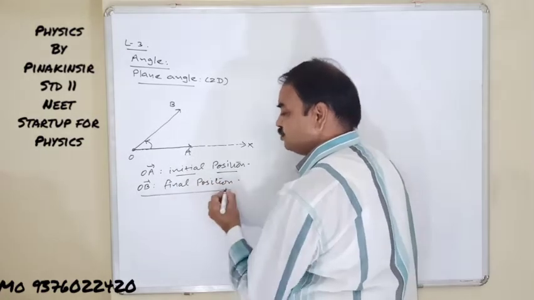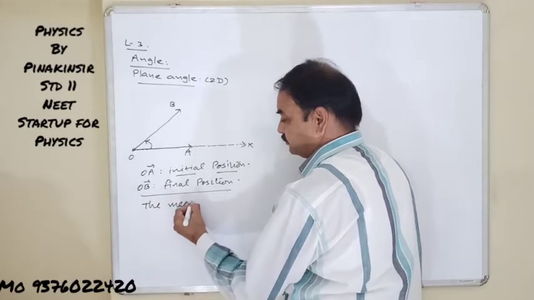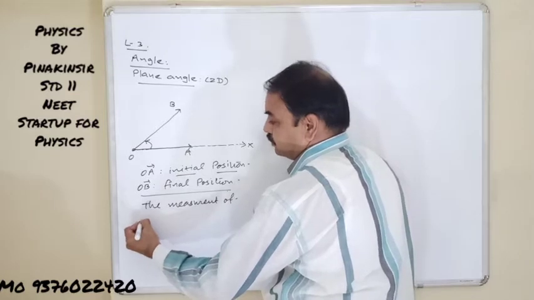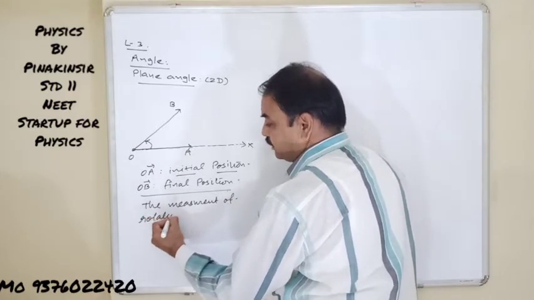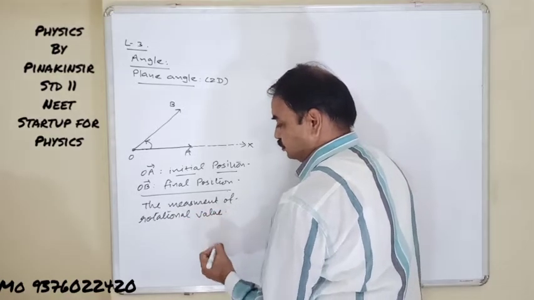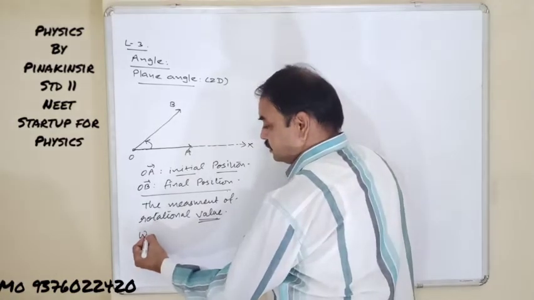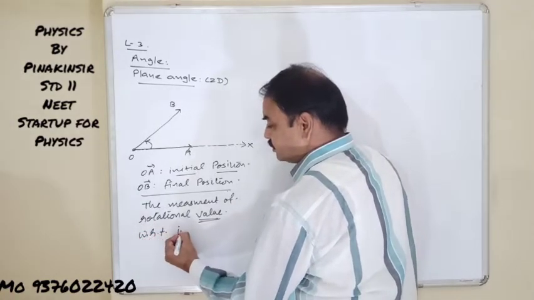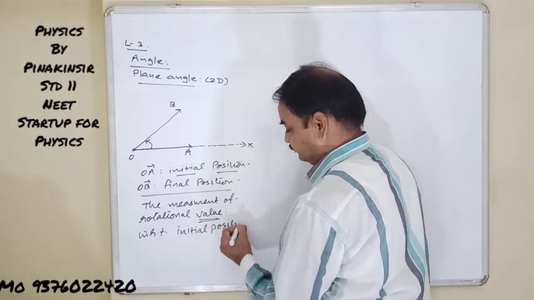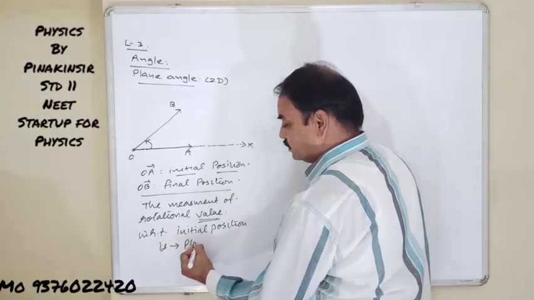Then what is angle? It is the measurement of rotation, or you can say the rotational measurement with respect to the initial position, and it is said to be the plane angle.